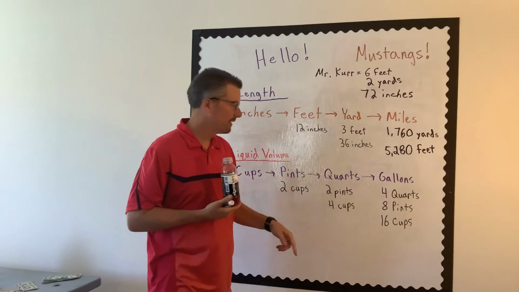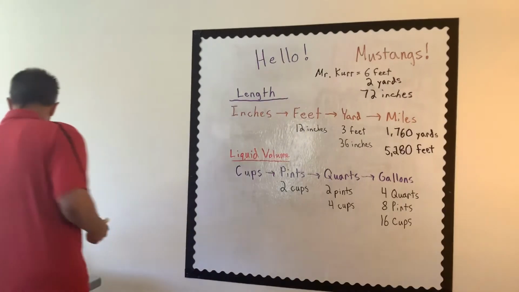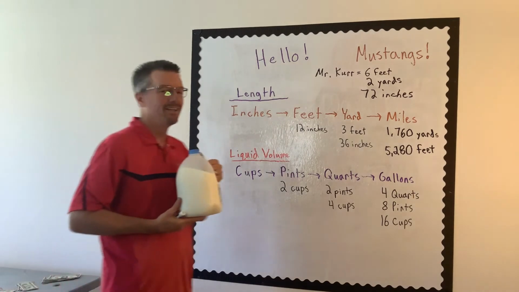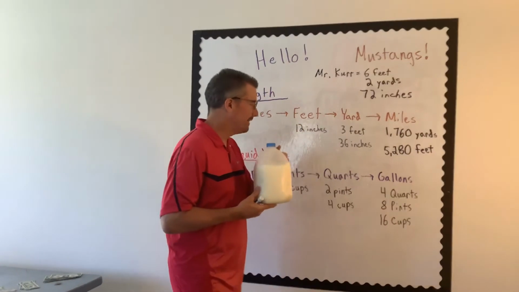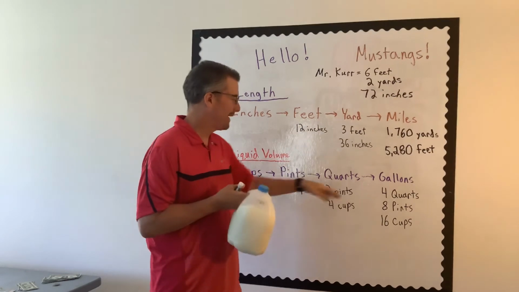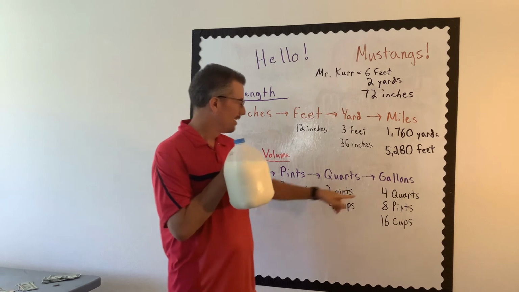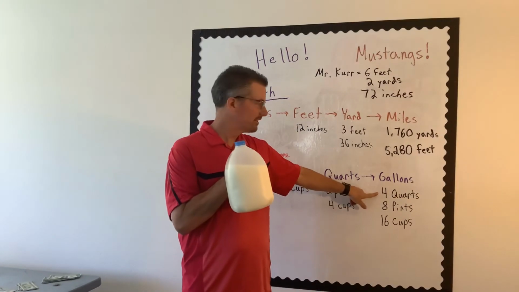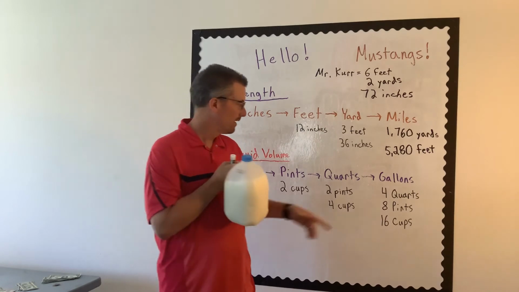Let's look at a gallon. I have a slightly drank gallon of milk. In this gallon of milk, based on all these conversions, this is 1 gallon, but there are 4 quarts in a gallon. So I have 4 quarts in this gallon container.